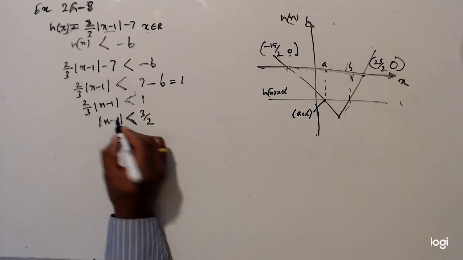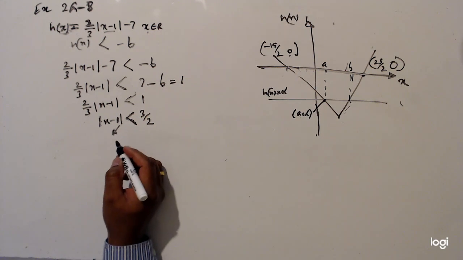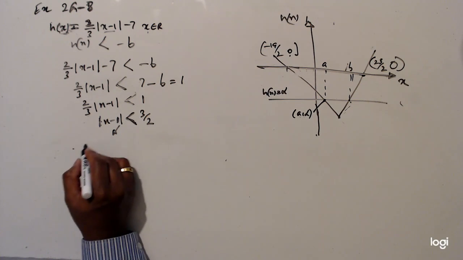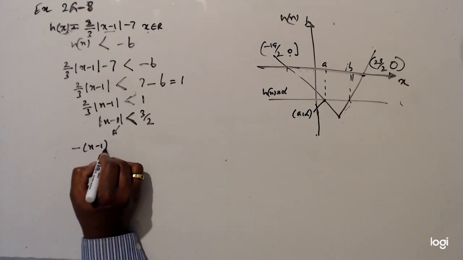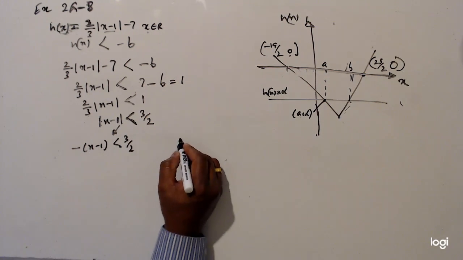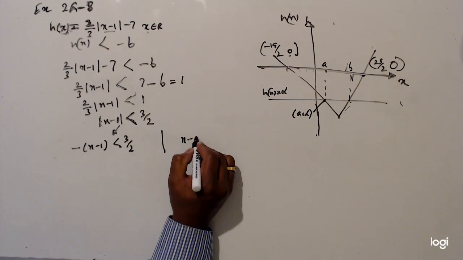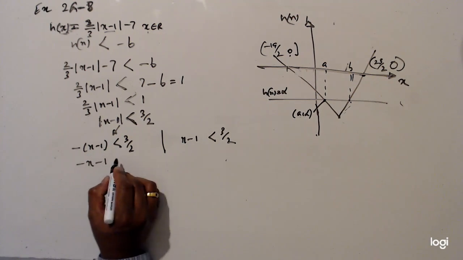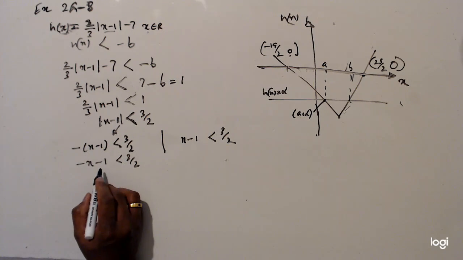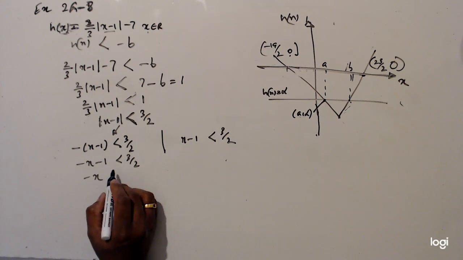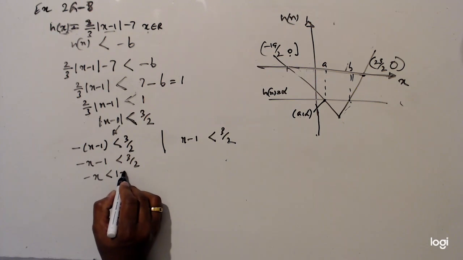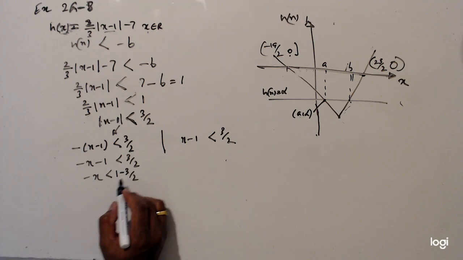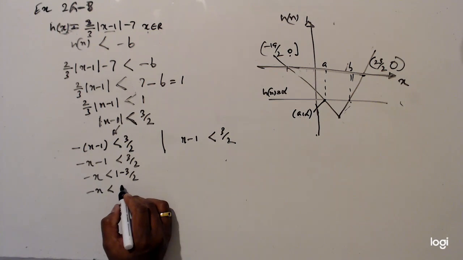So for x minus 1, now we have two options. One is negative: minus (x minus 1) less than 3 over 2. The other one is positive: x minus 1 less than 3 over 2. So minus (x minus 1) less than 3 over 2, so minus x less than 3 over 2 minus 1, which is minus half.